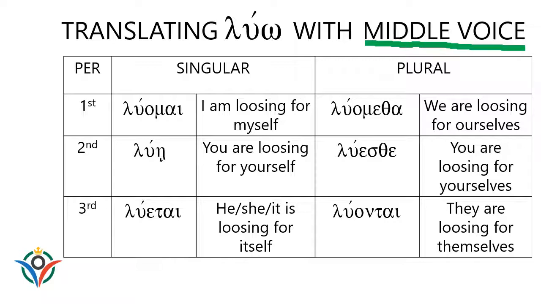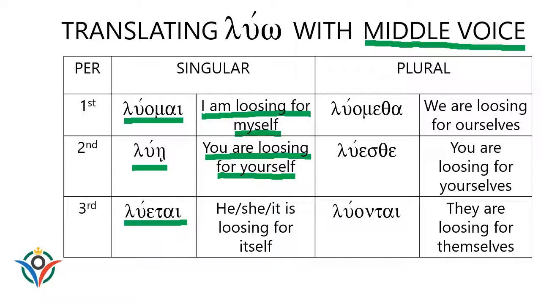So the first person singular, lu mai, we would translate as I am loosing for myself. The second person singular, lu a, we would translate as you are loosing for yourself. Third person singular, lu etai, we would translate as he, she, it is loosing for itself.